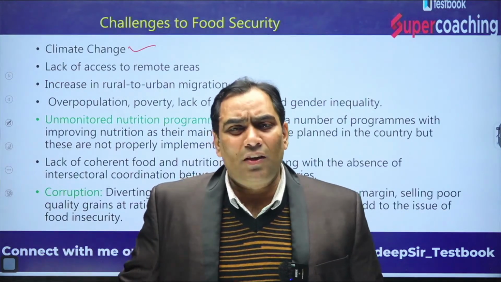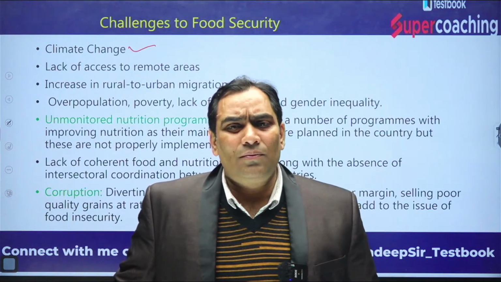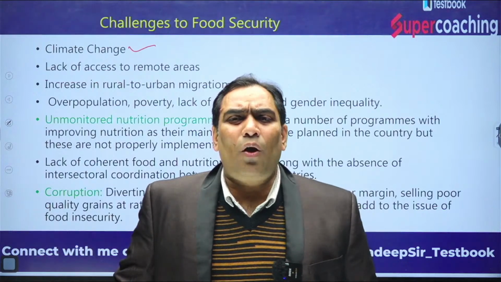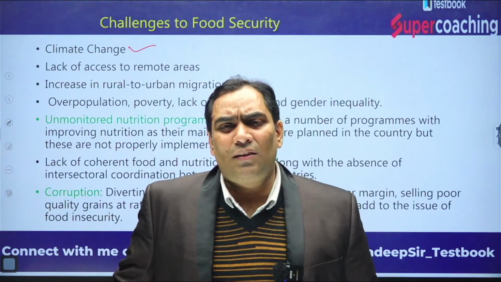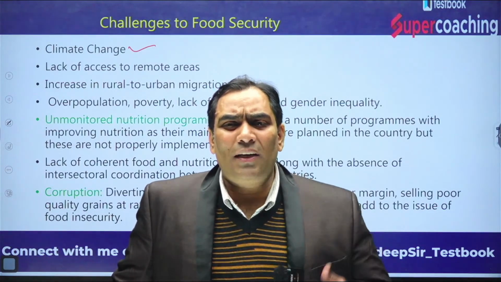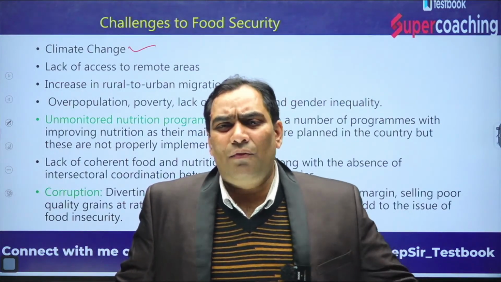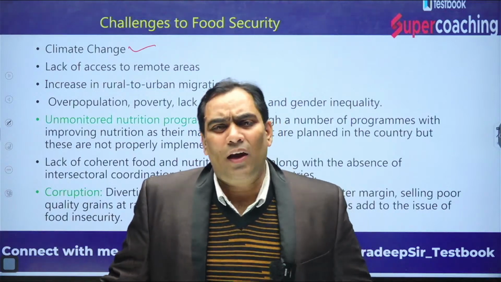Many times there is drought, many times there is flood. Not only this, because the temperature of the earth is increasing, there is climate change. So what we could produce earlier in a different season is not possible nowadays.